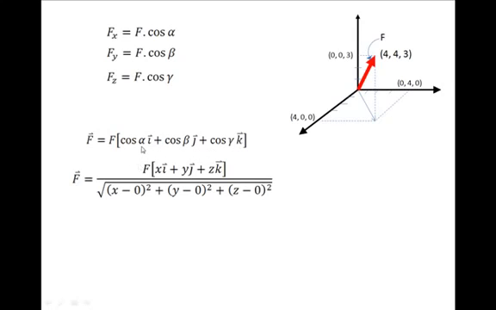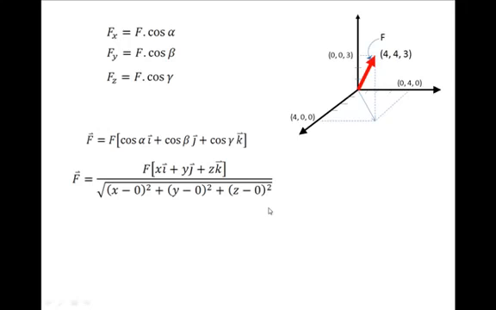Now cos alpha can be written as x upon under root of x square plus y square plus z square. Cos beta will be written as y upon under root of this number, and cos gamma is z upon under root of this number, x square plus y square plus z square.